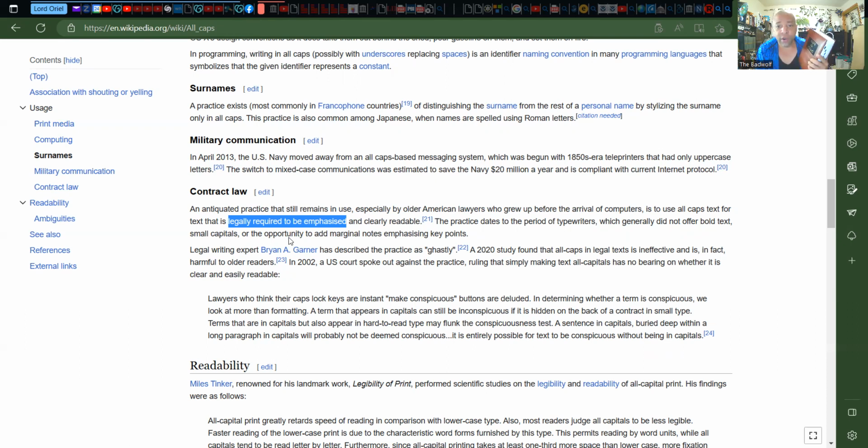A 2020 study found that all caps in legal text is ineffective and is, in fact, harmful to older readers. In 2002, a U.S. court spoke out against the practice, ruling that simply making all text or texting all caps has no bearing on whether it is clear or easily readable. Now, here's what I think is funny.